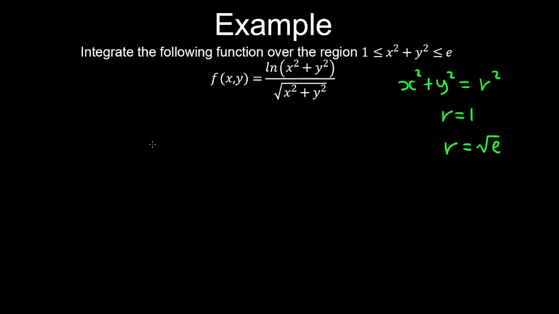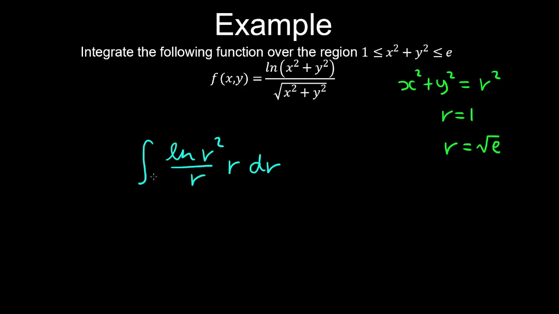And now I can write the polar integral of our function. So we first integrate over r. So we'll write this function in terms of r and theta, and multiply it by r, and integrate over r. So we can substitute for x squared plus y squared, so that gives the natural log of r squared, on the square root of x squared plus y squared, which is r.